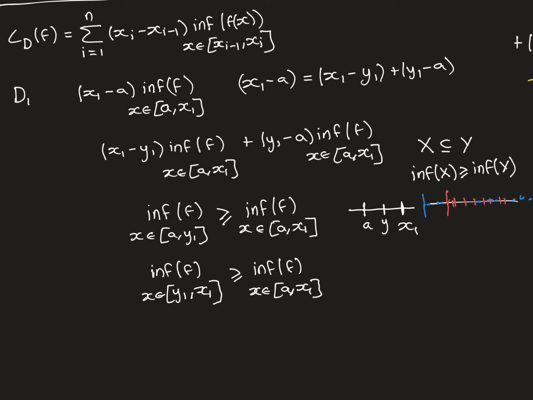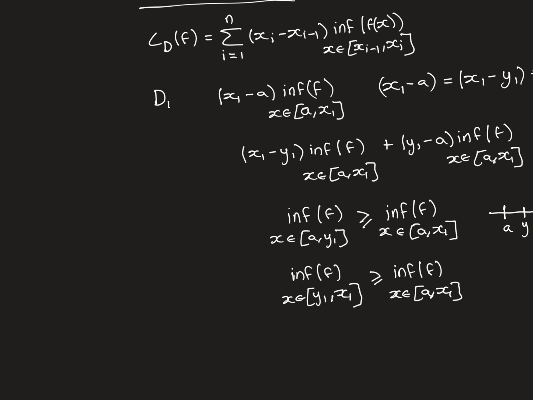So then what we can do is say that the thing, and I apologise, the wind is blowing quite heavily, the thing that we actually need in the lower Riemann sum over our refined dissection is guaranteed to be less than or equal to this thing. So we can say the other way around, greater than or equal to.